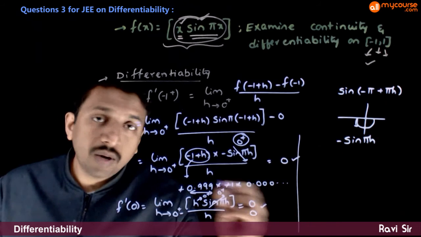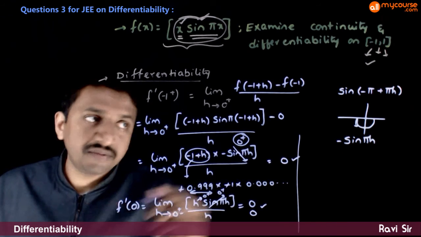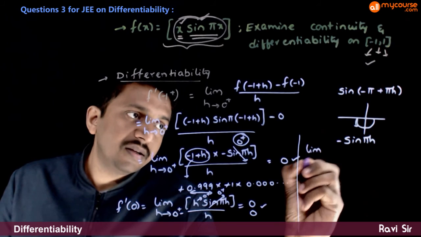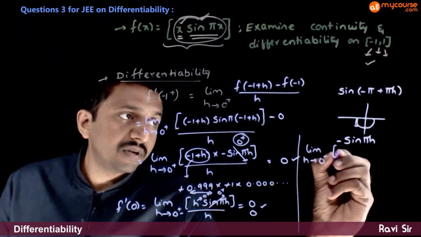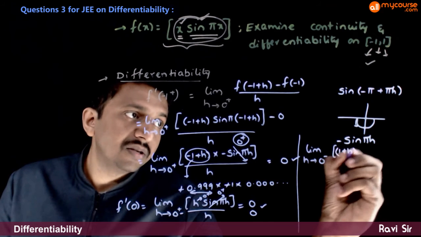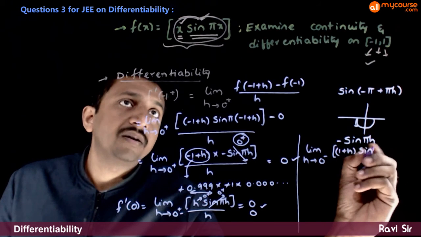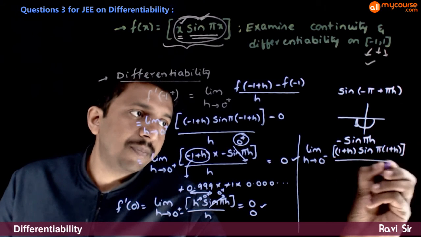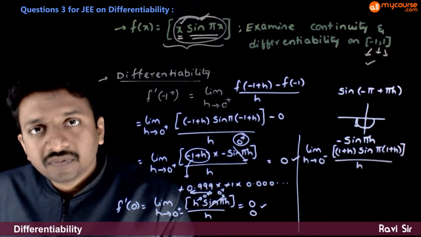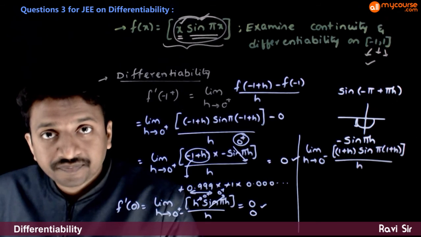At x is equal to 1, I just need to check the left differentiability. So, limit h tends to 0 minus of the integer part of 1 plus h times sine of pi times 1 plus h, integer part, by h, because f of 1 is 0 again.